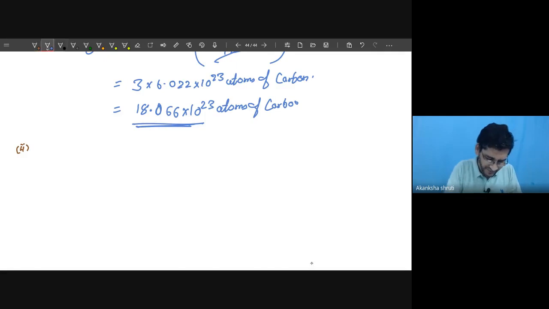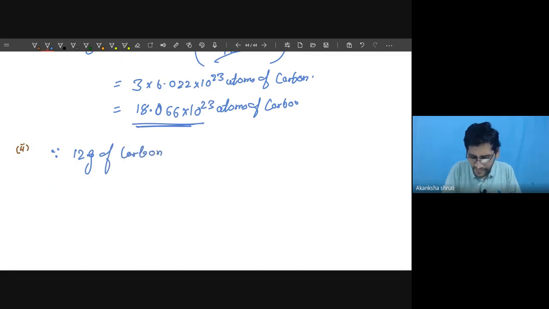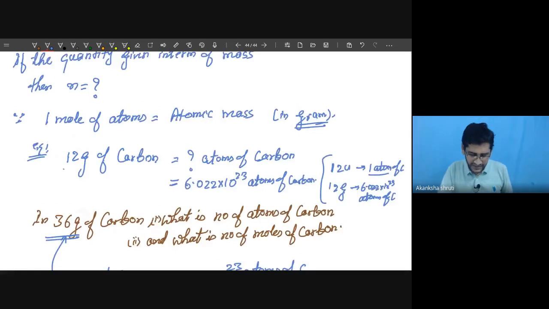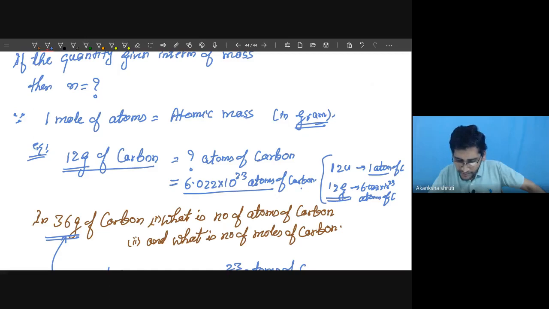A student, since 12 gram of carbon means how many moles? 1 mole, because I had explained it to you. So 12 gram of carbon means this many atoms, which in terms of mass is 12, but this many atoms is called 1 mole of carbon.